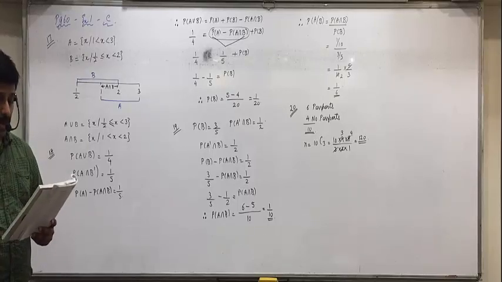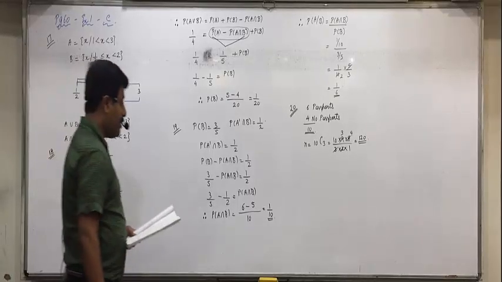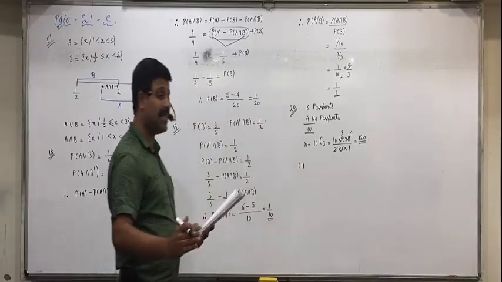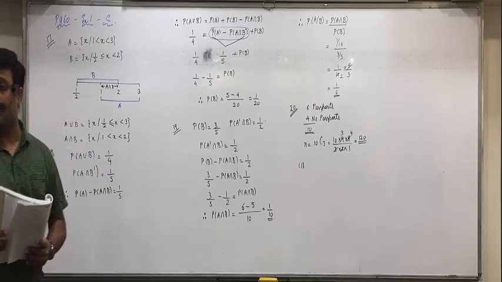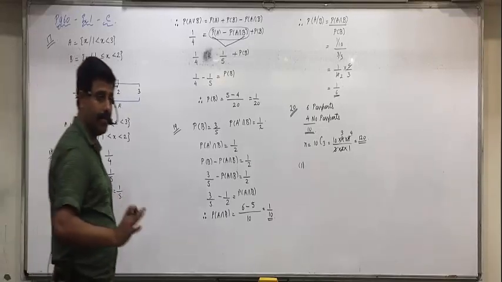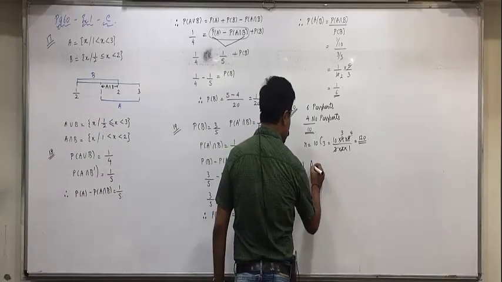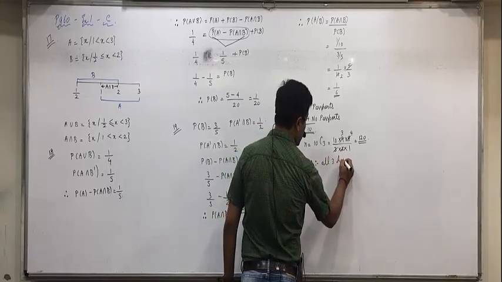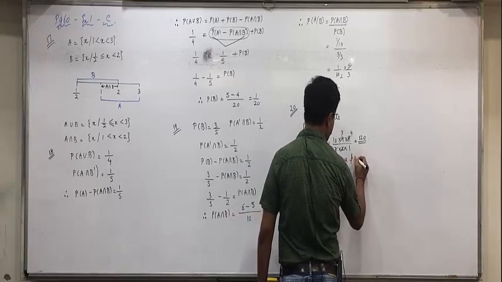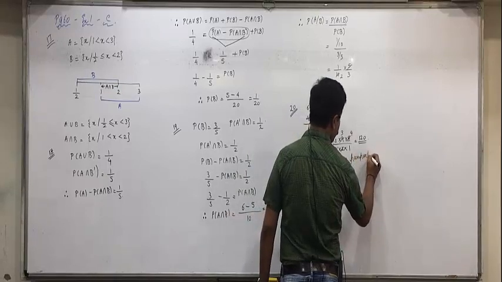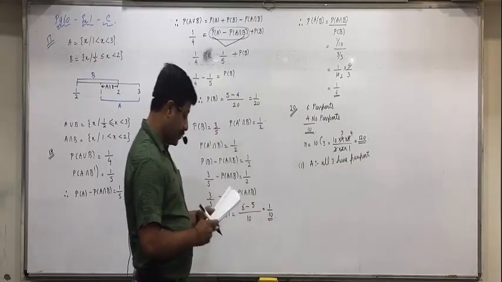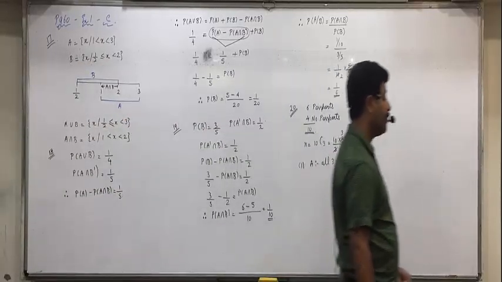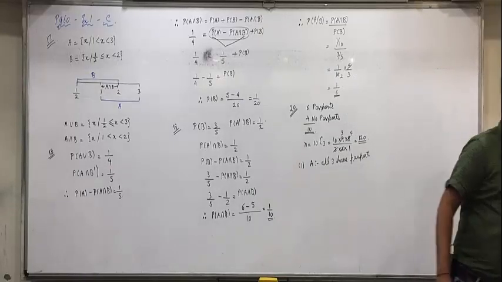Now, find the probability that, first, all the 3 persons have a passport. We'll define it as event A. Let event A be the event that all the 3 persons have passport. Now, how will we find n of event A?